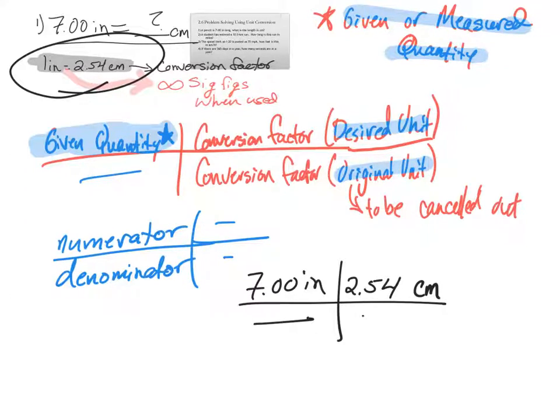And we put the other part of the conversion factor, the one that's going to be canceled out, 1 inch, in the bottom or the denominator. All right.